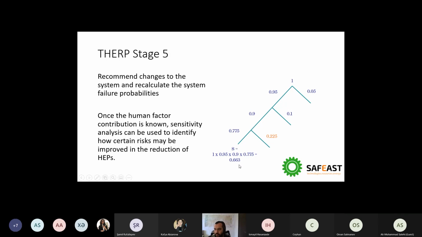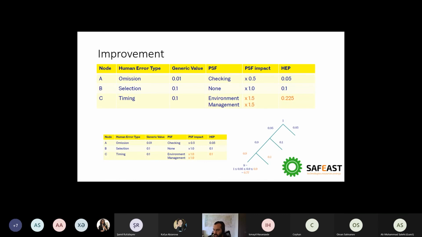With this, based on the numbers, you can also recommend what changes are required to make this task safer. And then based on that, you can recalculate the failure frequencies here.